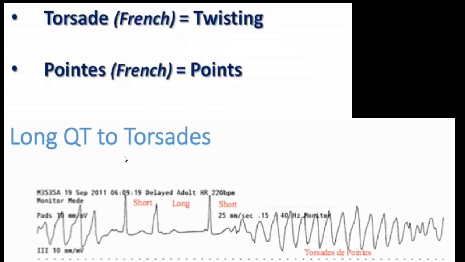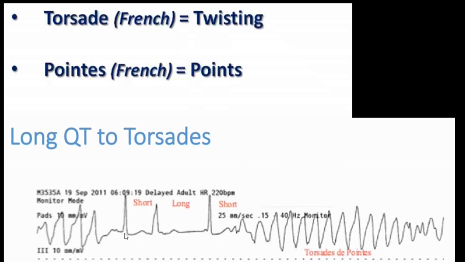So long QT interval, you can see that this is a long QT interval. So usually a short QT is followed by a long QT, again followed by short QT, and then you trigger off a polymorphic ventricular tachycardia that is labeled as Torsades De Pointes.